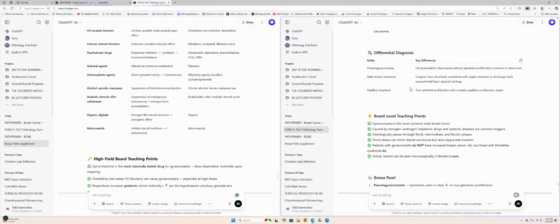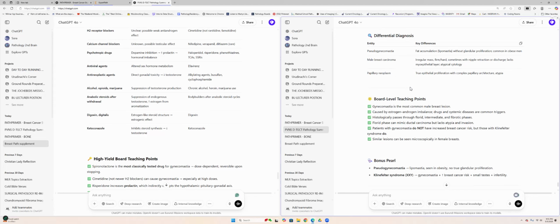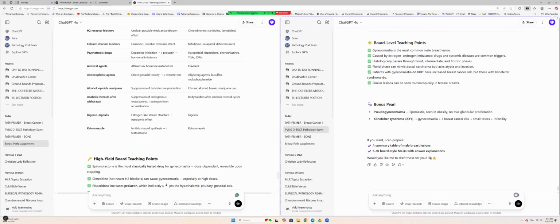Papillary neoplasm shows true epithelial proliferation with complex papillary architecture and atypia. Pseudogynecomastia is caused by lipomastia, with no true glandular proliferation. Klinefelter syndrome can increase breast cancer risk because of small testes and infertility.